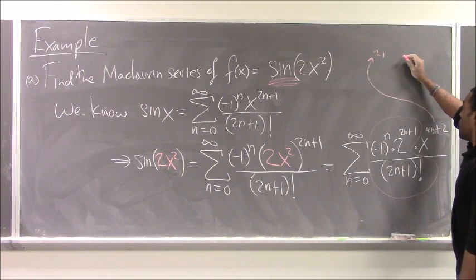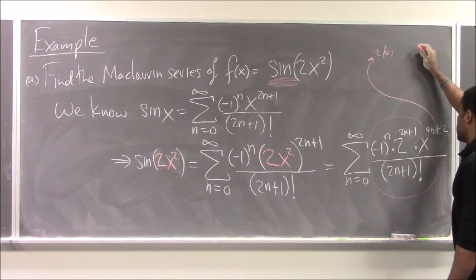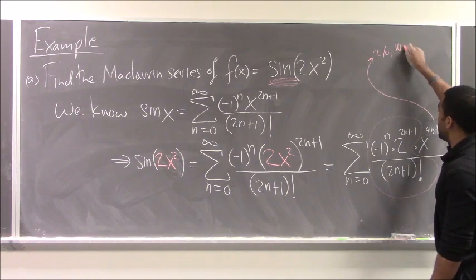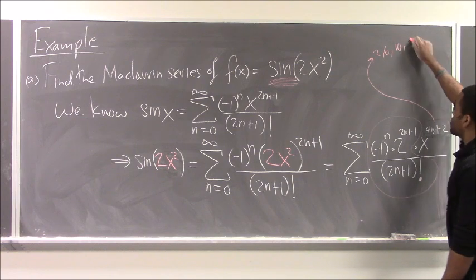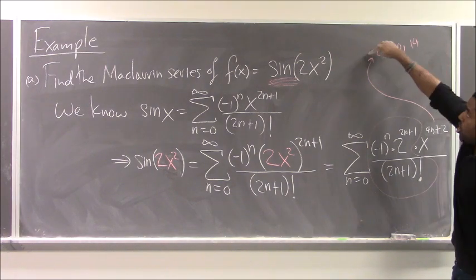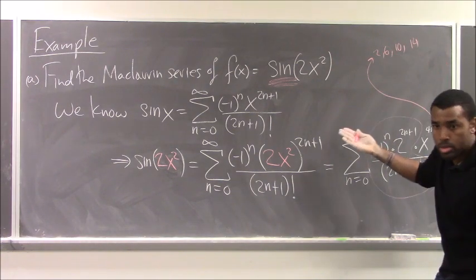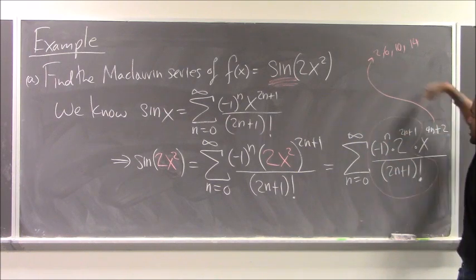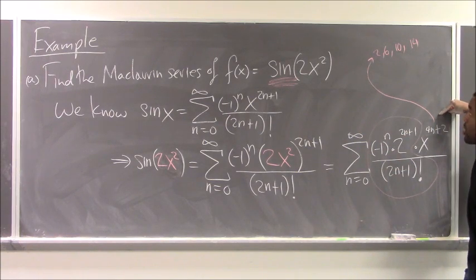Then when your n is 1, it jumps to 6. Then when your n is 2, it jumps to 10. Then when your n is 3, it jumps to 14. Which means that all numbers in between these guys were skipped, right? There is no x to the 1 power, or x to the 3 power, or x to the 4 power, or x to the 5 power, etc. Right? It's skipping a lot of powers, right?